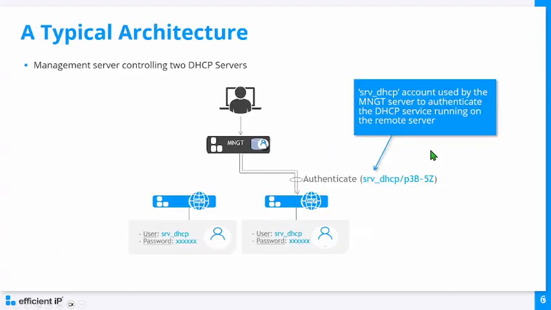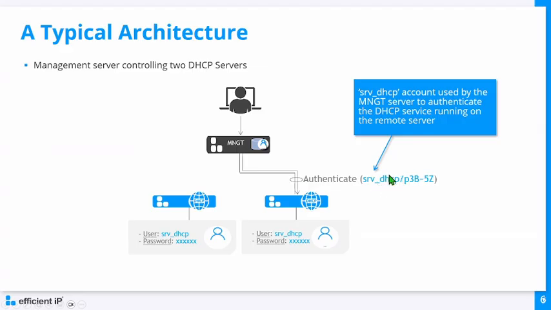Now, in order for you to manage the DHCP server remotely, you need to enroll the DHCP server to the management server, right? Just like DNS, you have a service account for DHCP. So that is a service account name.